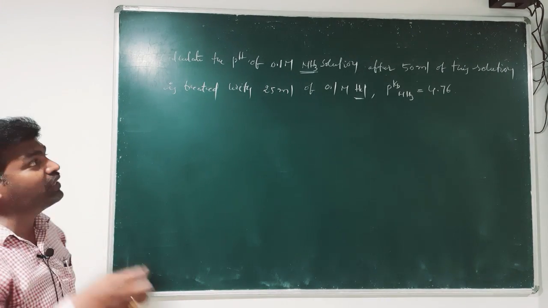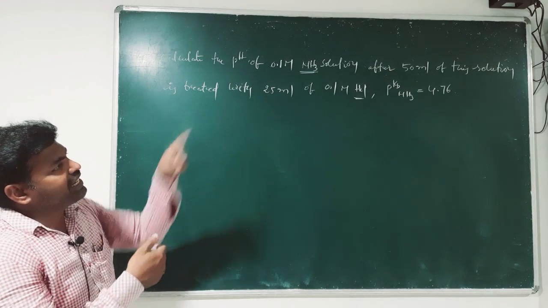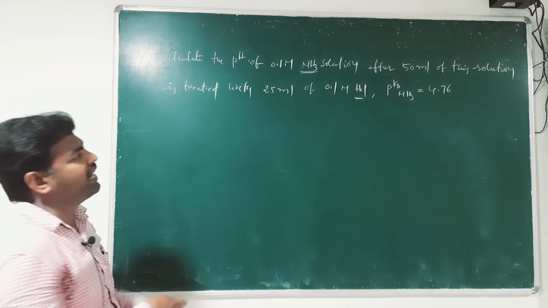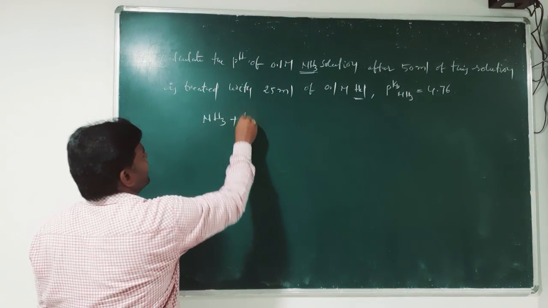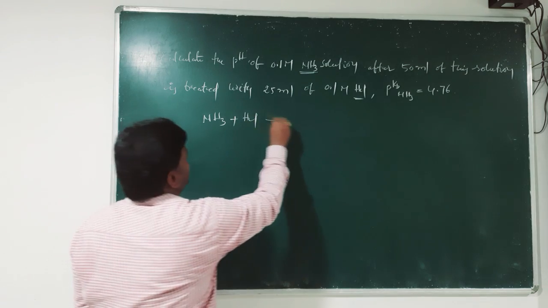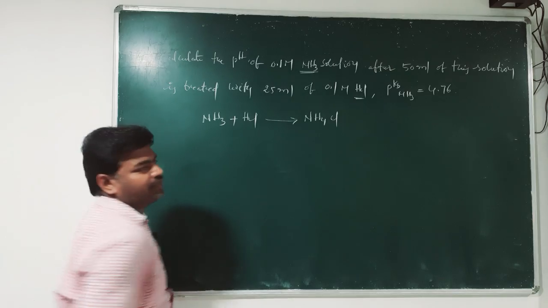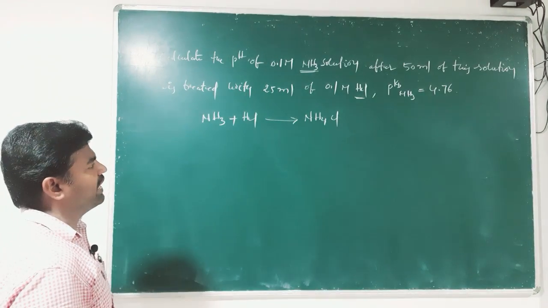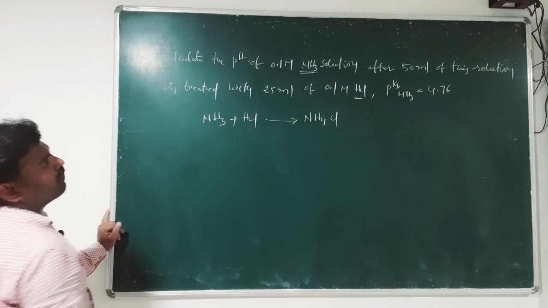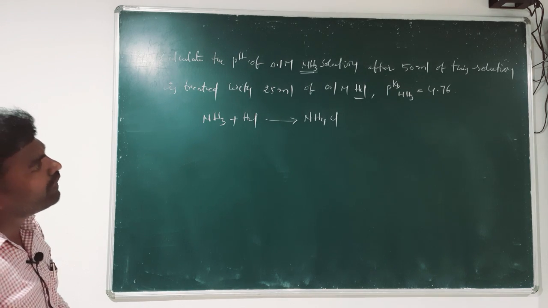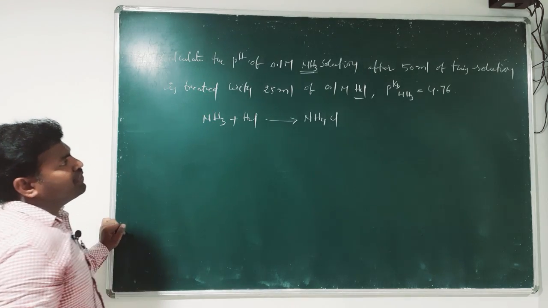First we should write down the chemical reaction that takes place between ammonia and HCl. So NH3 is treated with HCl, it gives salt, that is NH4Cl.